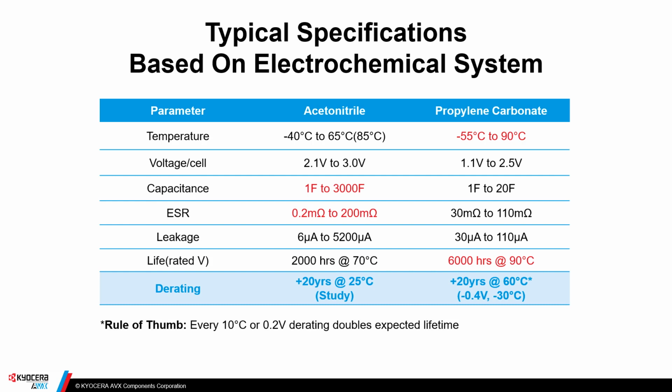As we approach those high temperatures, we would have to have some derating on the PC components, as you would with the acetonitrile. But that's important to note. There are two different material systems. Now, those systems have some different ESR, some different leakage, and certainly different life ranges. Generally speaking, they're relatively similar.